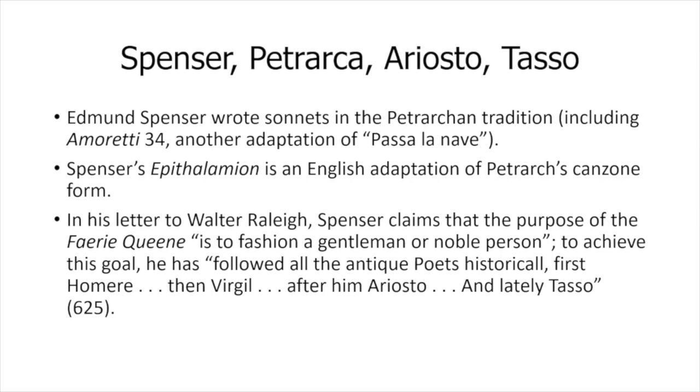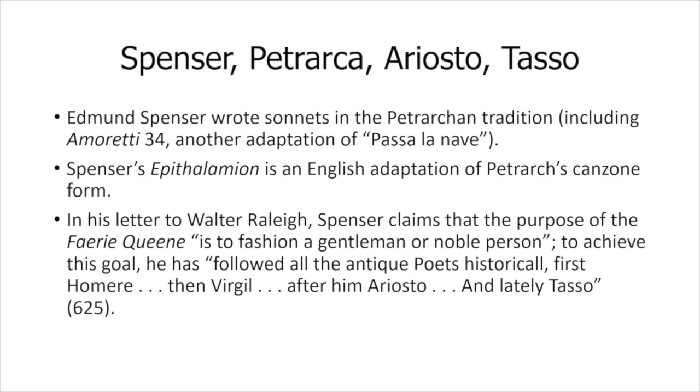And here, the influence of Ariosto and Tasso becomes very important. In his introductory text explaining the Faerie Queen, his letter to Walter Raleigh, Spenser claims that the purpose of the Faerie Queen is to fashion a gentleman or noble person.